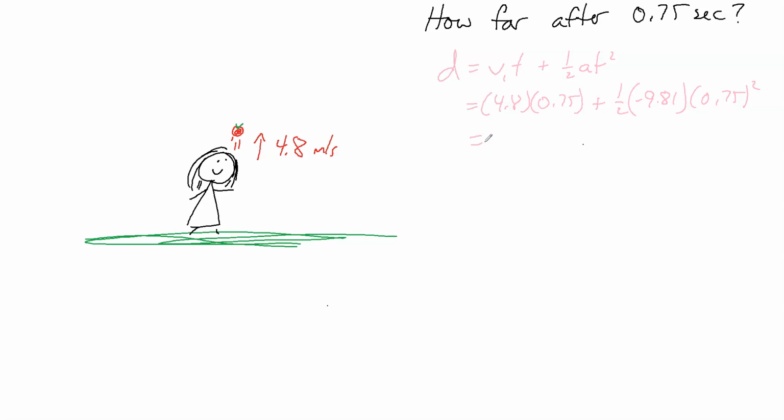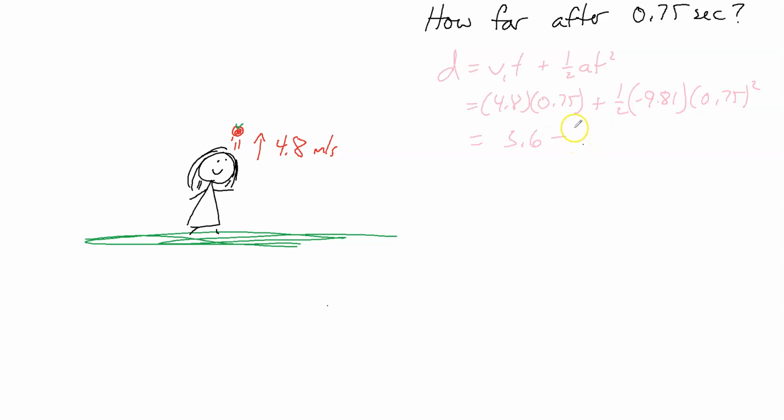So we're going to calculate this out. Again, I recommend punching each chunk out separately. The first part, we've got the 4.8 times 0.75. That's just going to be 3.6. Then for the rest, I've got the 1/2 times the 9.81 times the 0.75, and that part, of course, is squared. It ends up being negative because of the negative 9.81.